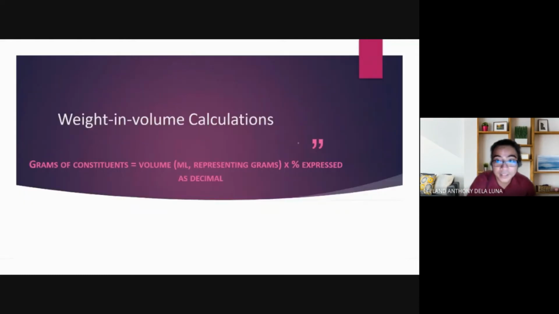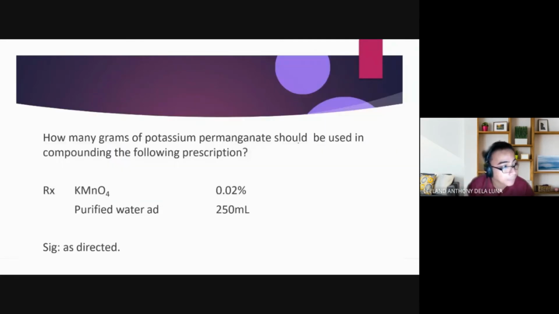Alright. Now, let's try this one, class. Weight and volume calculation. So, grams of constituents equals volume of the solution expressed as decimal. Okay? So, here's the problem, class. How many grams of potassium permanganate should be used in compounding the following prescription? Okay? So, halimbawa, ang order for potassium permanganate is dapat daw 0.02%.